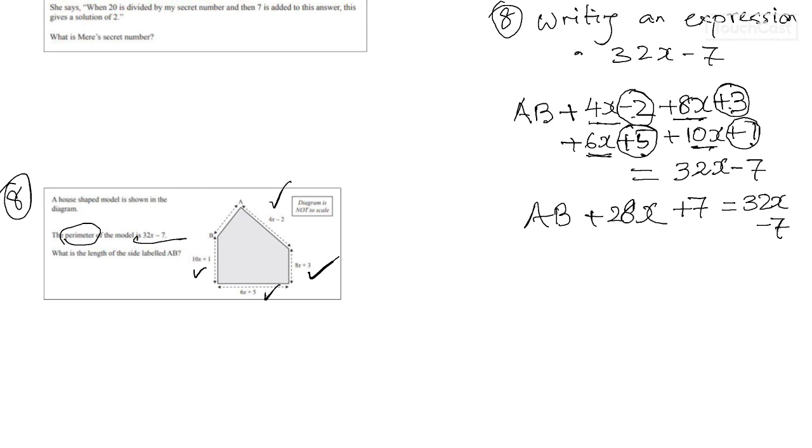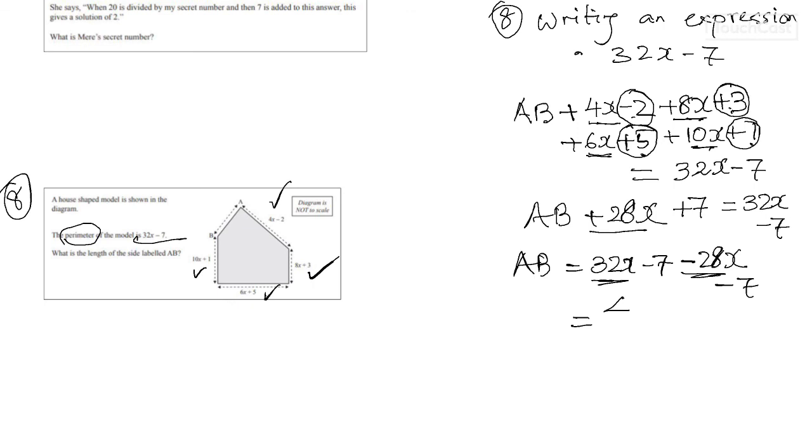Now it is also an equation, so AB should be equal to 32x minus 7. I'm going to transfer that to the other side, or subtracting it. Negative 28x and then negative 7. That'll give me 32x, and 28x will be subtracted from 32x.